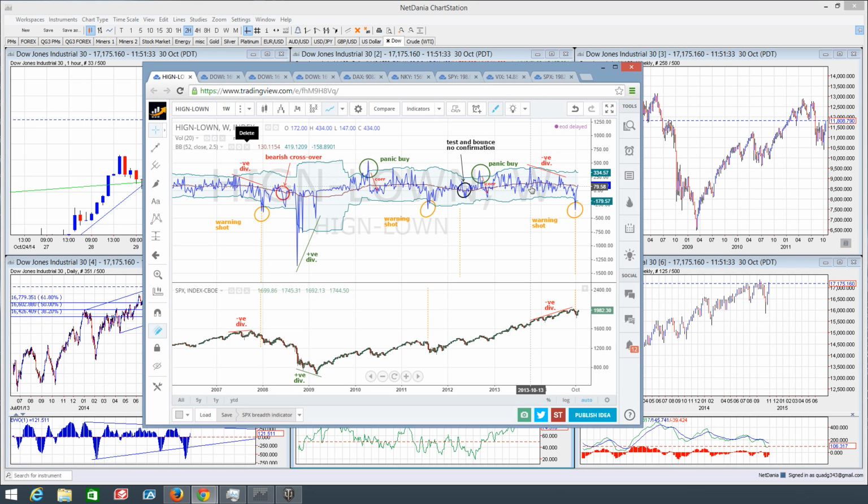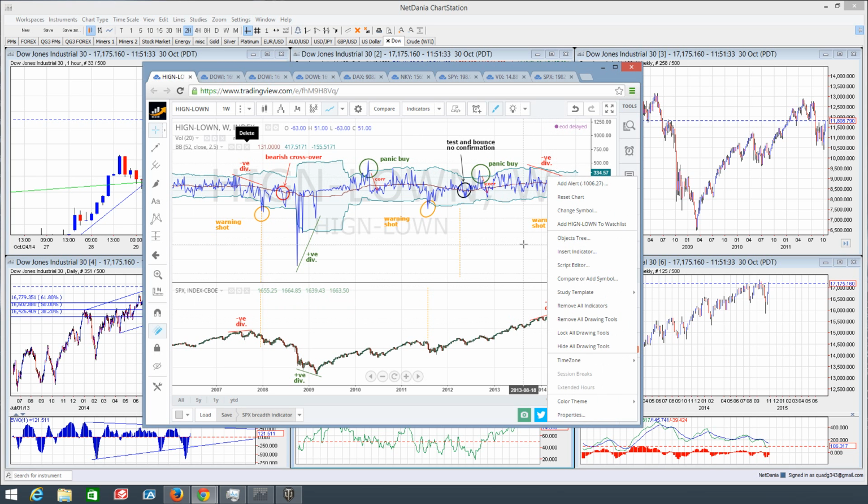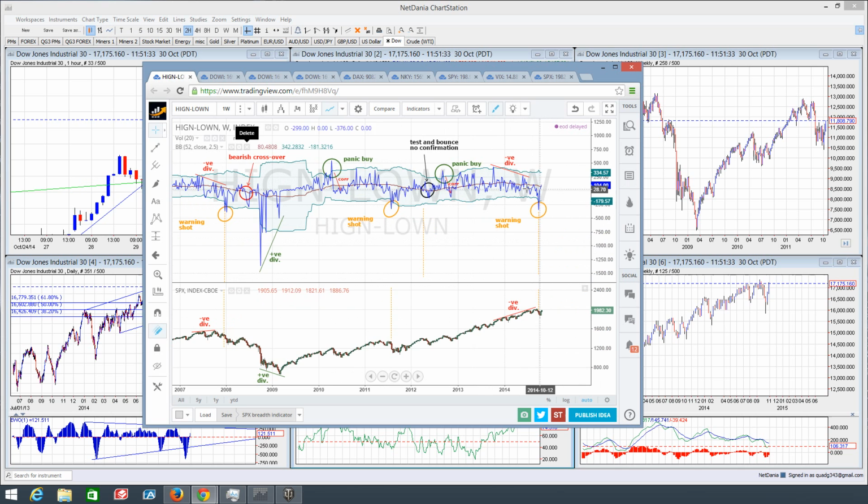We started to see the market, even though it was cruising higher, show this negative divergence again, where the price was moving higher, but the breadth indicator was moving lower. And now we're back up to a warning shot coming off of previous all-time highs again. So this is an indication to me, coming off of all-time highs, it looks very similar to the market movement that was taking place during 2007.